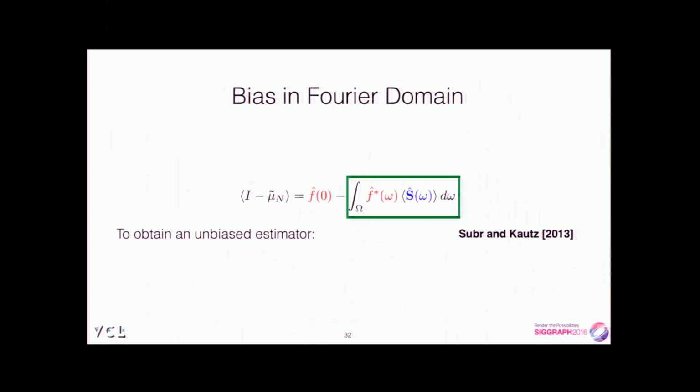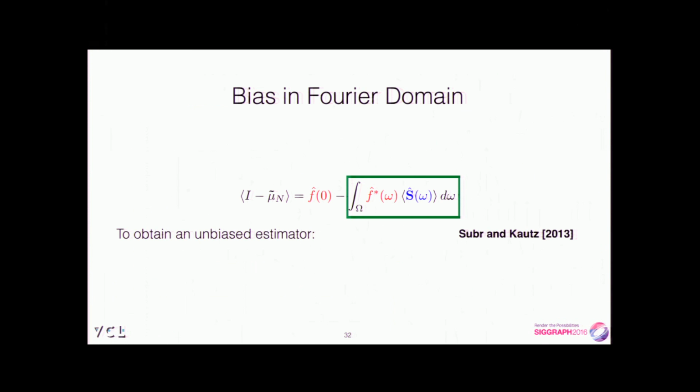Then this becomes 0. So what should s be to get f hat of 0 here? If s is 1, then you get integral of f. That's not the same as f hat of 0. Remember, this also has a hat. So we want this to be f hat of 0.